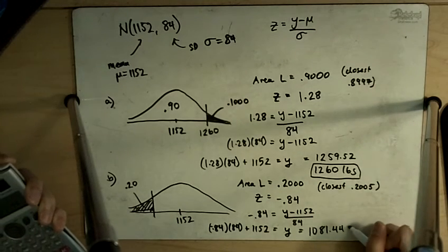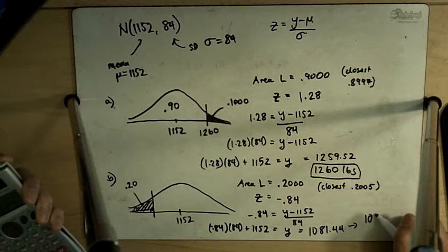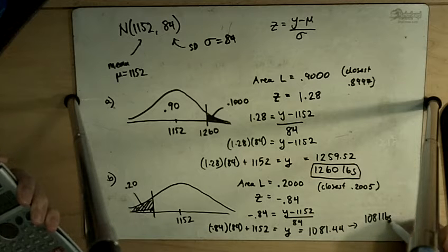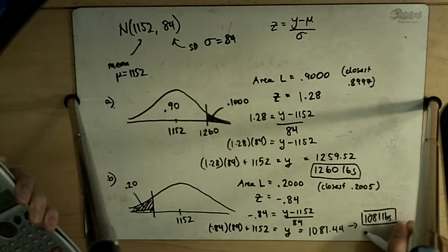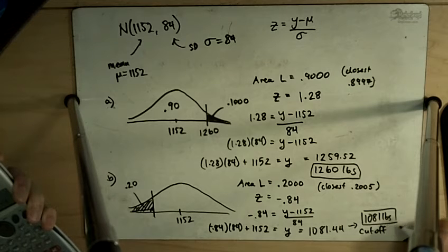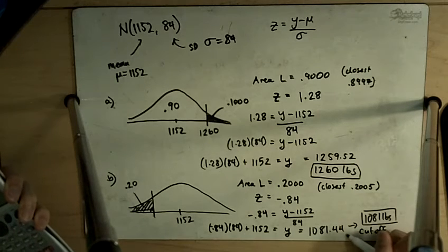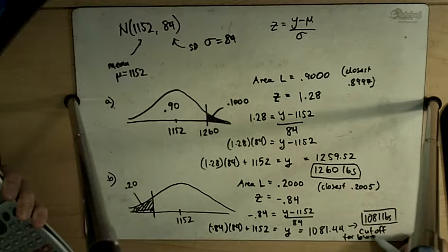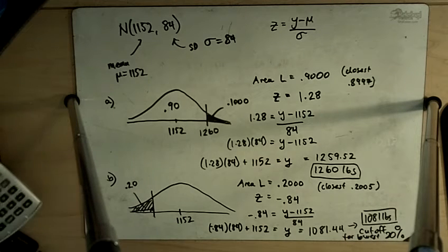So I'm just going to round this down to 1,081 pounds. And this is the cutoff for the lowest 20%. So that's part B.